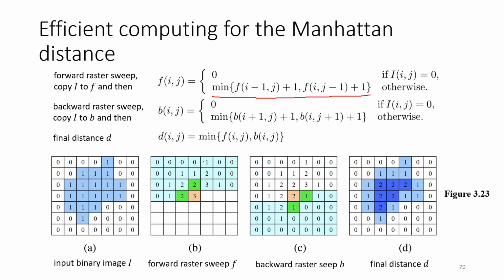If we take a look here, the value is 2 in the map of b, and the value is 3 in the map of f. Then take the minimum one, so this will be 2 here, right? This is the explanation for the figure in our textbook.